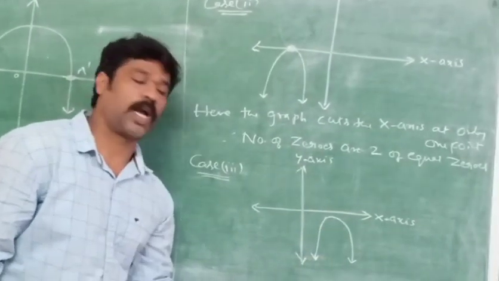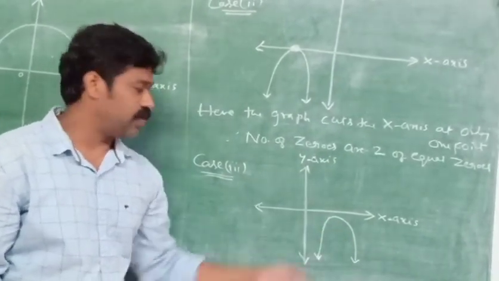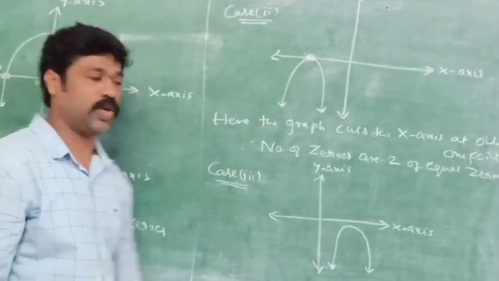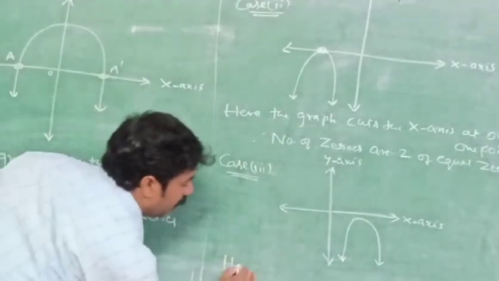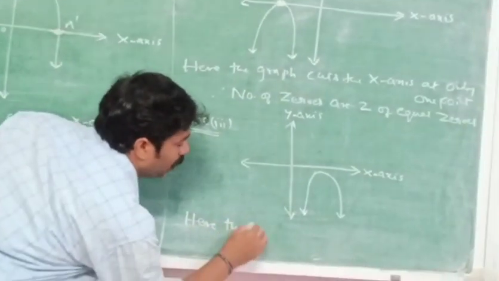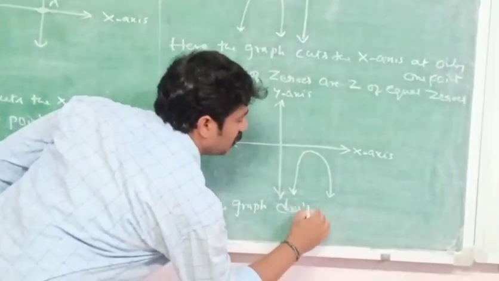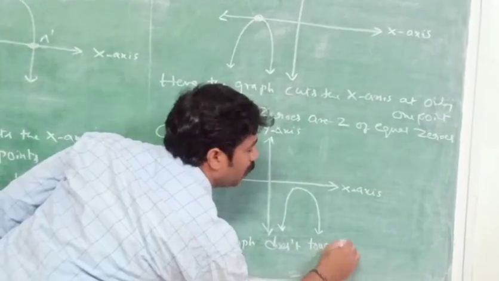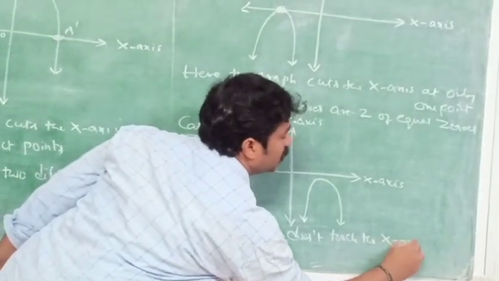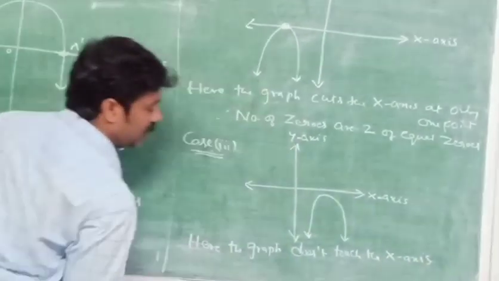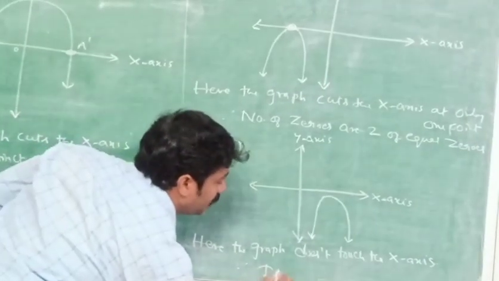So what we can conclude, if it does not touch the x-axis, we can say that it has no zeros. So we can write here, the graph does not touch the x-axis. So if it does not touch the x-axis, then we can conclude that it has no zeros.